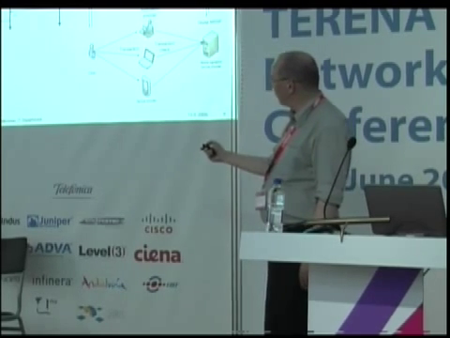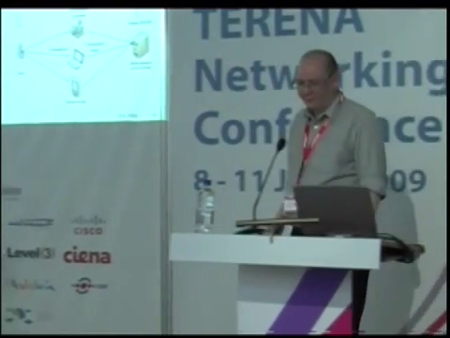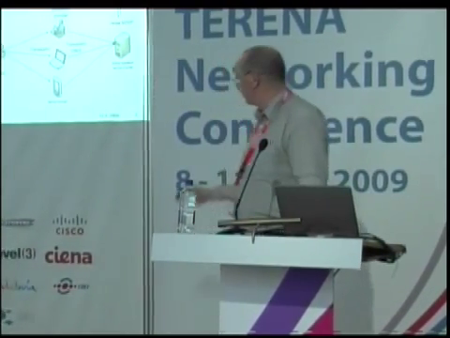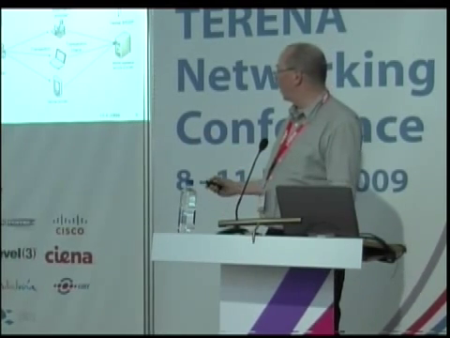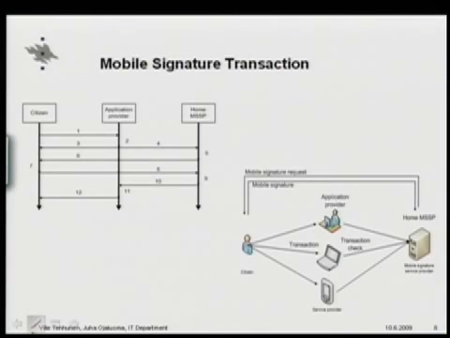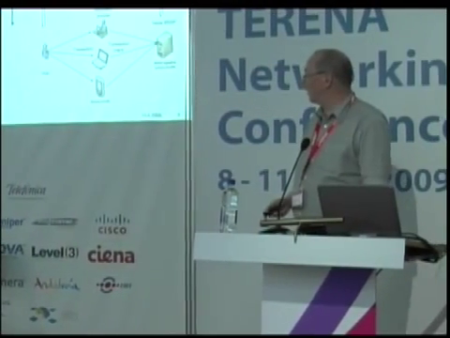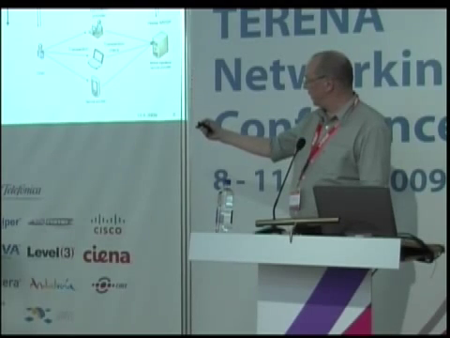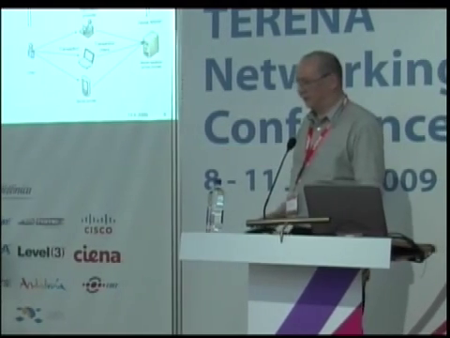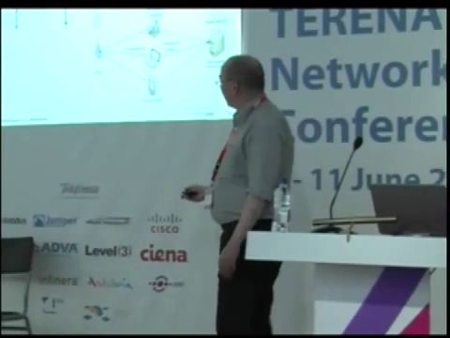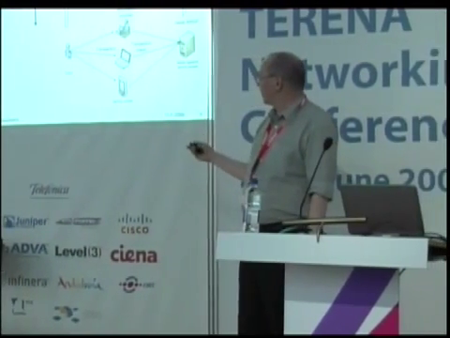The process starts when this user makes contact with the application provider, and asks to activate the authentication or signature process. After that, the application provider says, okay, let's do it, and now we are starting the process, and the application provider contacts the mobile signature service to start the process.